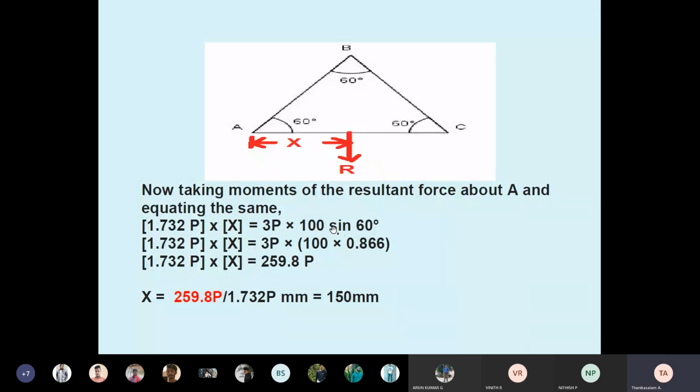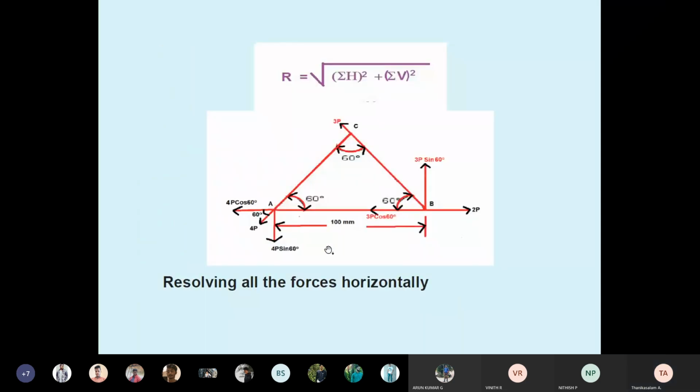See here, so many forces acting, but only one force giving moment. Nitish, why only one force giving moment in this figure? Why only 3p sin 60 gives moment?